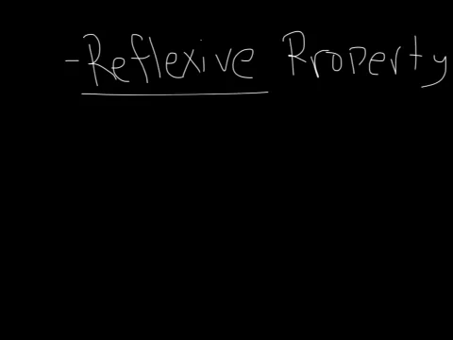So the first one of these is called the reflexive property. And the reflexive property is basically saying that something is equal to itself, or something is congruent to itself. Very profound, I know. So let's say we had a segment AB here.